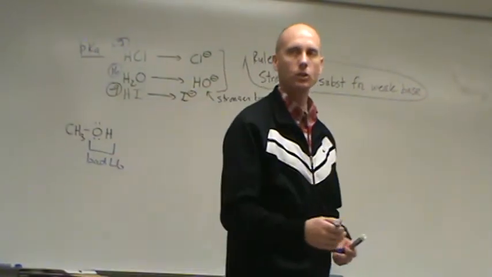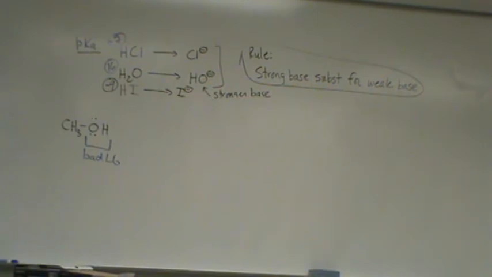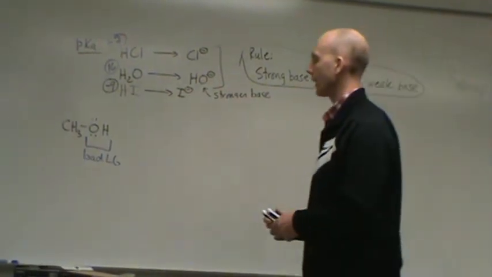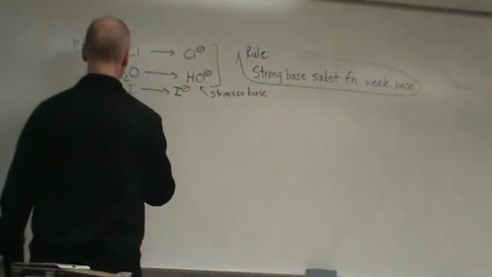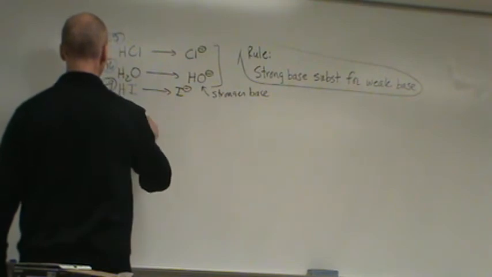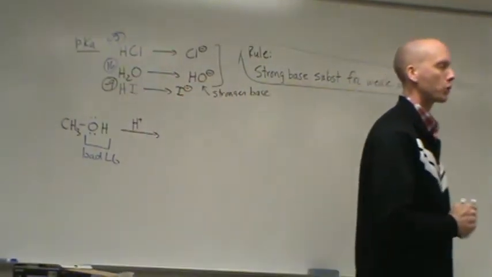Why? Because yes, it's a strong base. Now what we want to look at is a way to make that a good leaving group. And what we can do to make that a good leaving group is react it with H+.